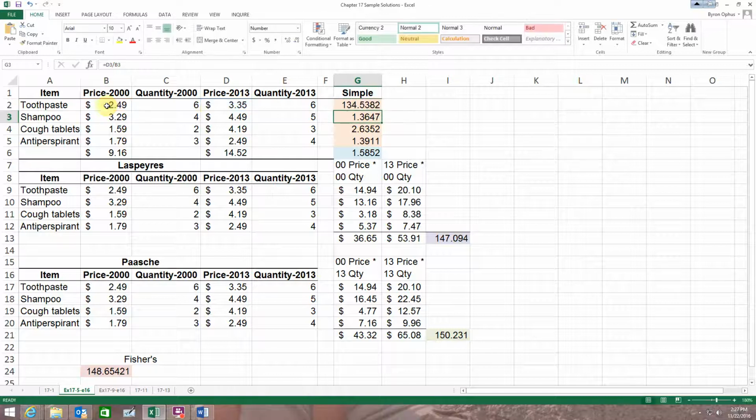Okay, and we do that down for each of these without taking into consideration any of the quantities.